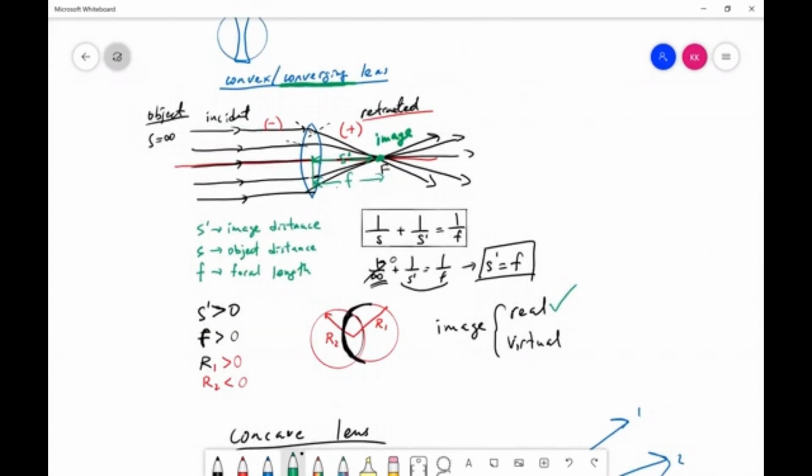Okay. Now, if I go back to the convex lens, can I also say that the image is always real for the convex lens? What do you guys think? Would that statement be true? Yes. Anybody else agrees with that?